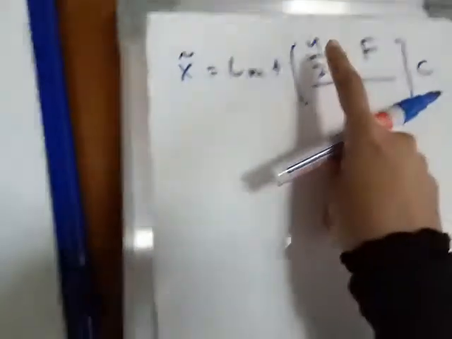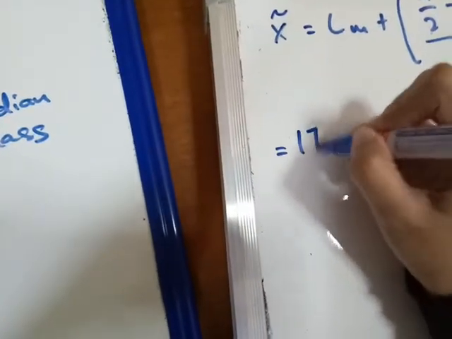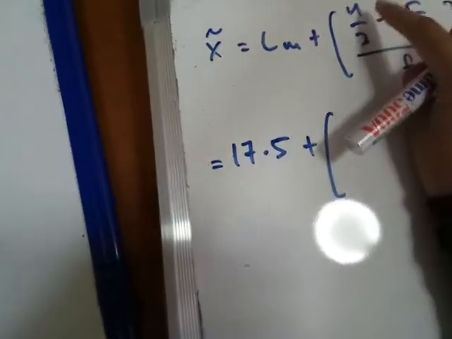So you can fill in directly: 17.5 plus n divide 2. What is n divide 2?